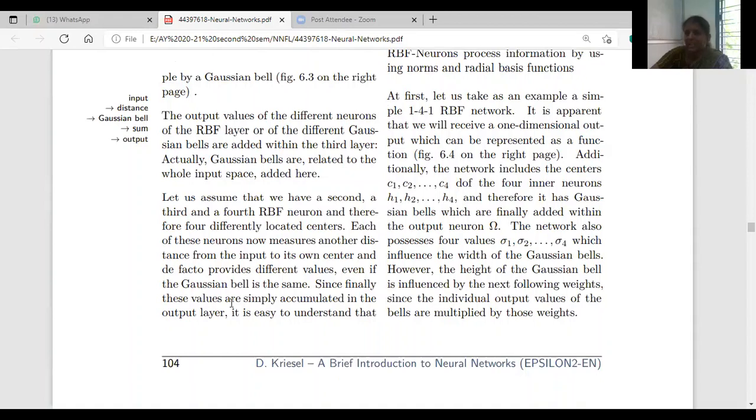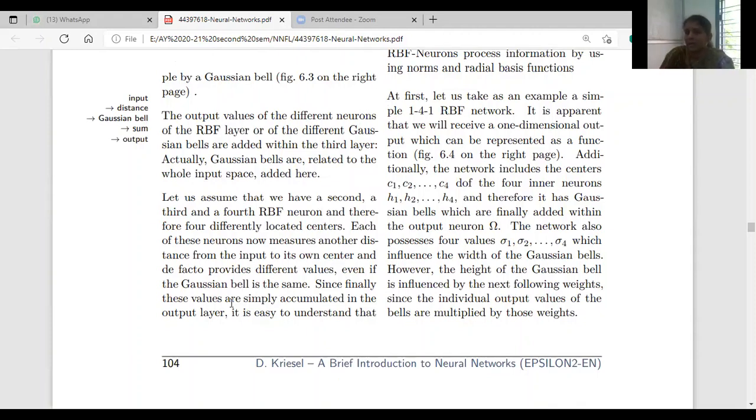Additionally, the network includes the centers, the 4 inner neurons H1, H2, H3, H4, and therefore has Gaussian bells, which are finally added at the output neuron.